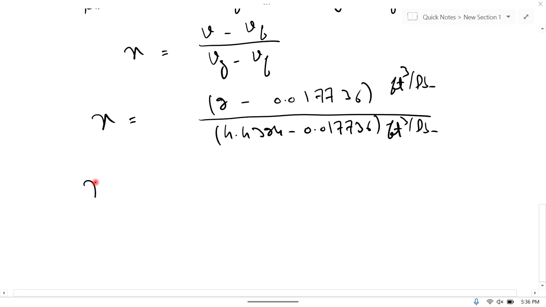The units cancel and this is a simple calculation, so we find x.